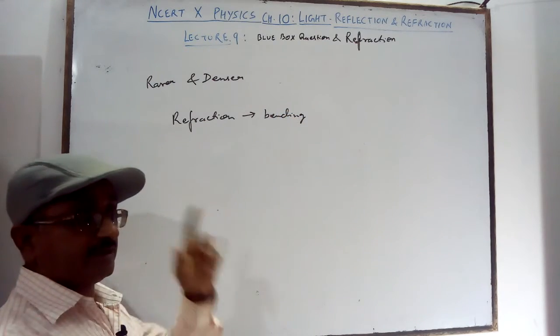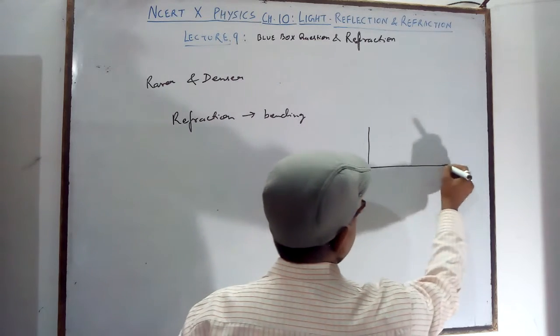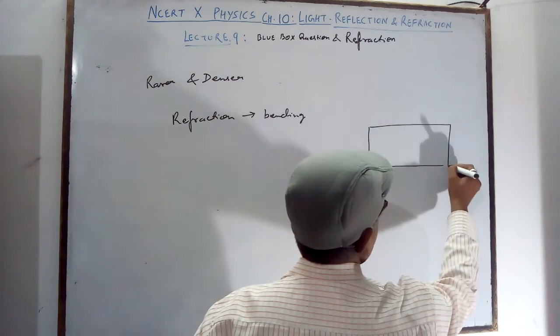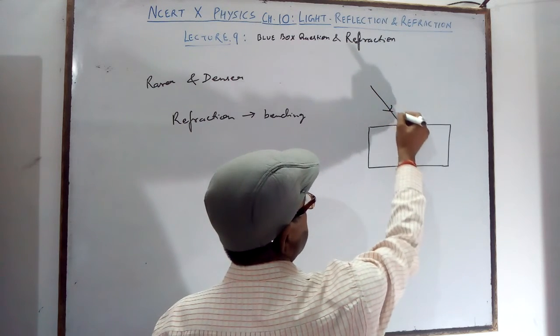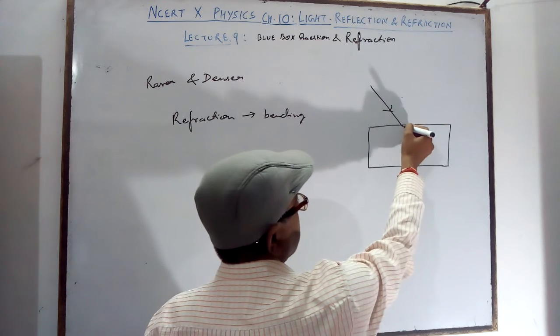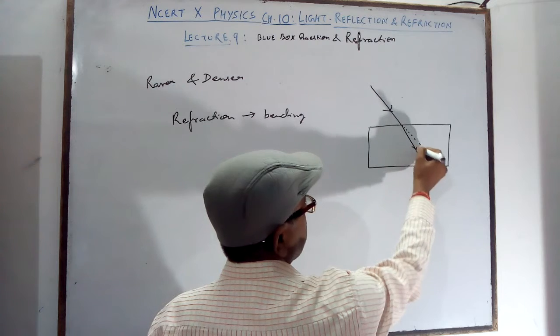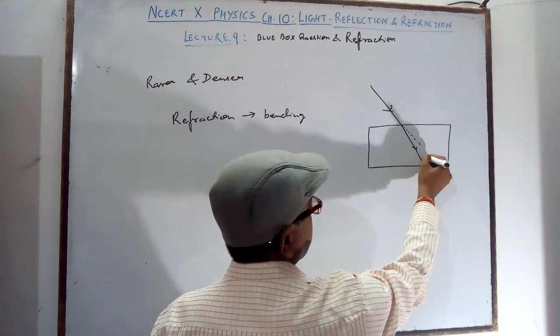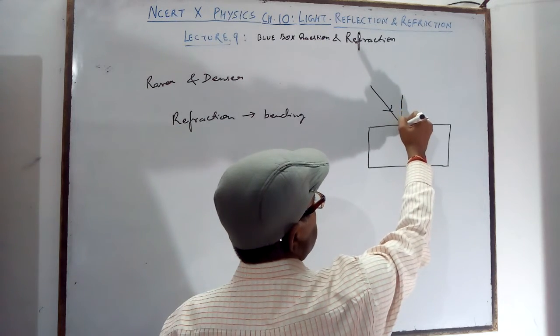What is the bending of light? Light is coming to a glass slab, or water or anything. Light is coming from one medium, and actually its path is like this, but it bends towards the normal. This bending is called refraction. It is a normal ray, an incident ray, and a refracted ray. It is not going straight, it bends towards the normal.